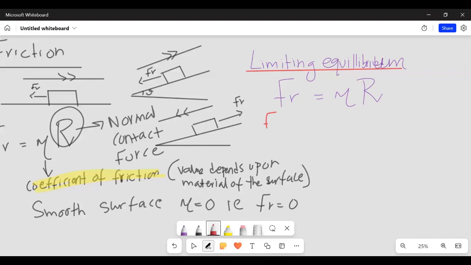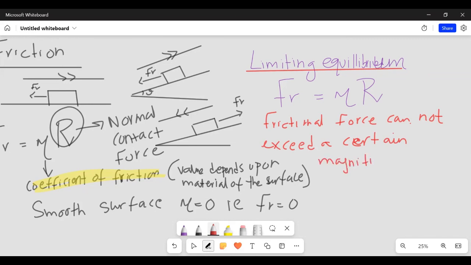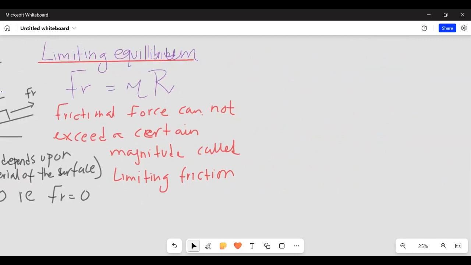Frictional force cannot exceed a certain magnitude called limiting friction.